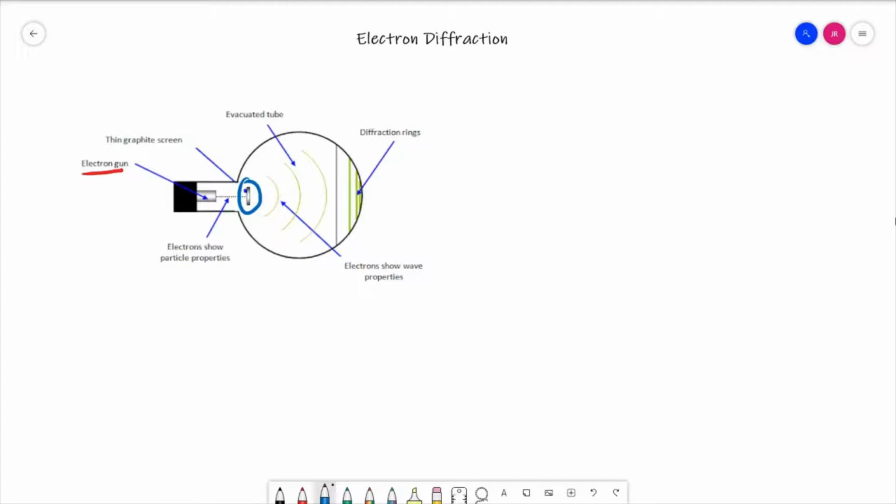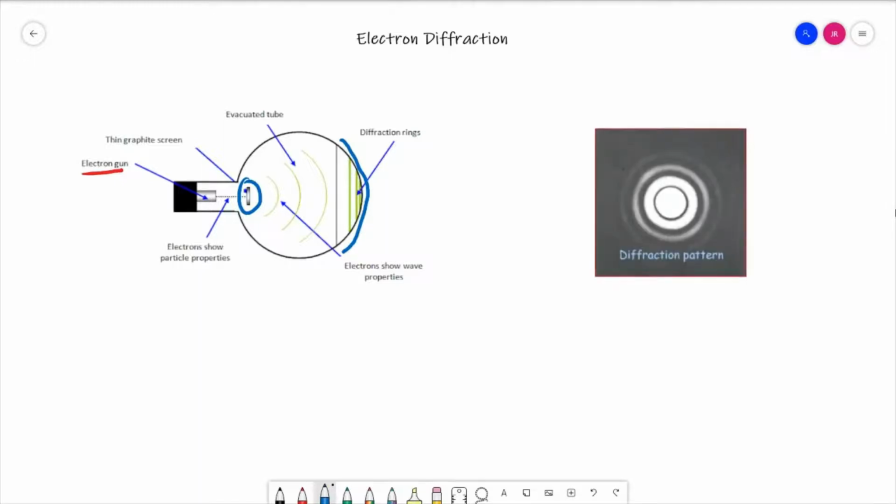That will then give us some kind of diffraction pattern, and using a screen at the end of the diffraction tube, we will be able to see a diffraction pattern. Now, if we were to look end on, so if we were to look in this direction at the diffraction tube, then on the picture on the right hand side, that's the diffraction pattern that we would see.